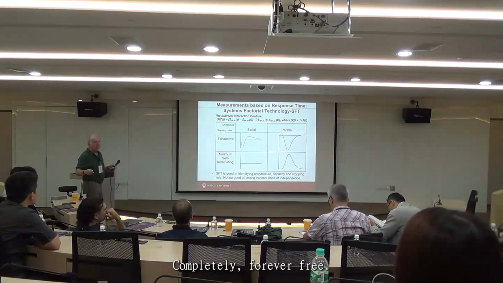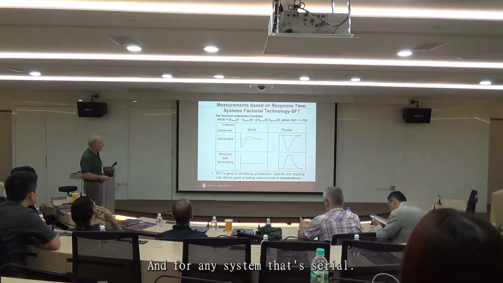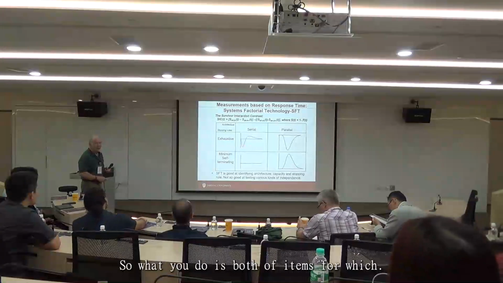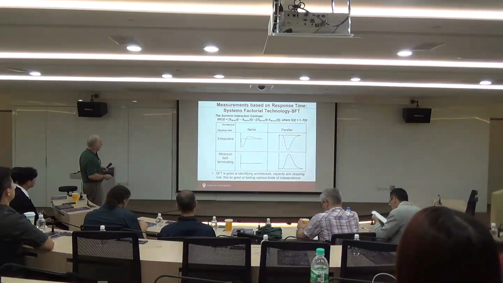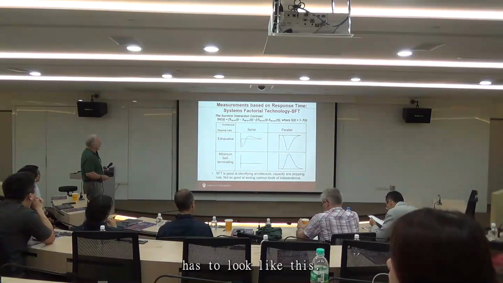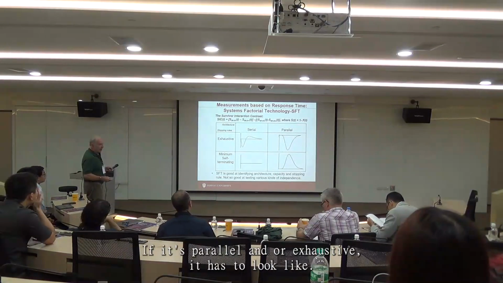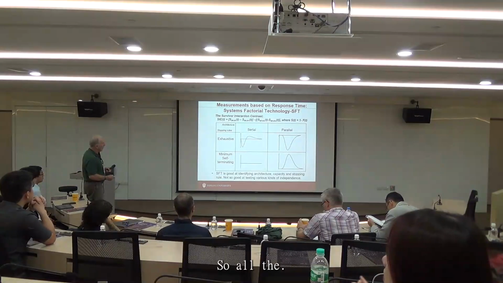It's completely parameter free and distribution free. Any system that's serial and is exhaustive, i.e. does both items for whatever the two tasks are, subtasks or whatever, has to look like this. If it's parallel and an AND or exhaustive, it has to look like that. It's all negative.